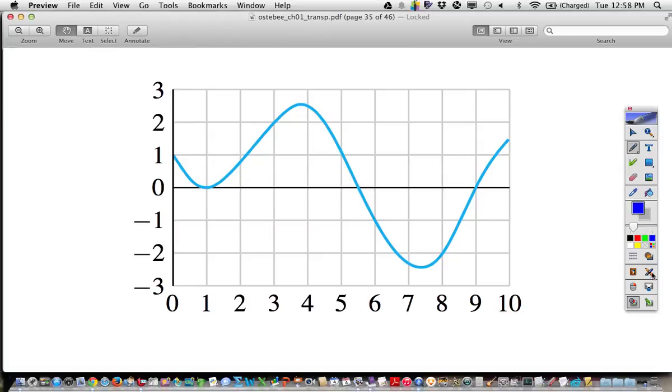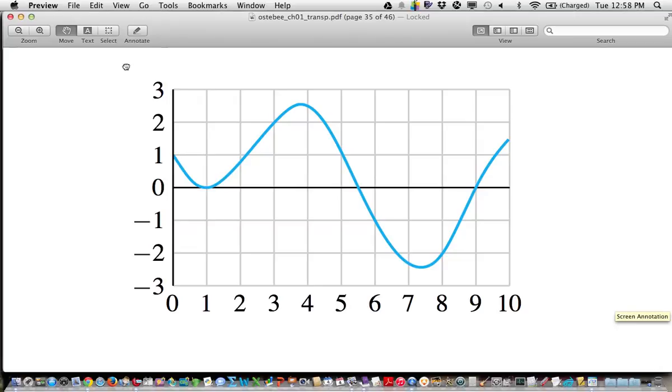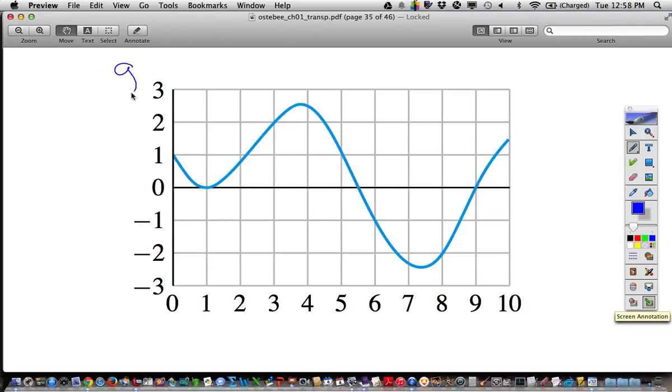If you remember, this graph here was G prime, and we talked about a local max right here and a local min right here, and there's actually a local min right here too. And what were those on G? These were inflection points of G.